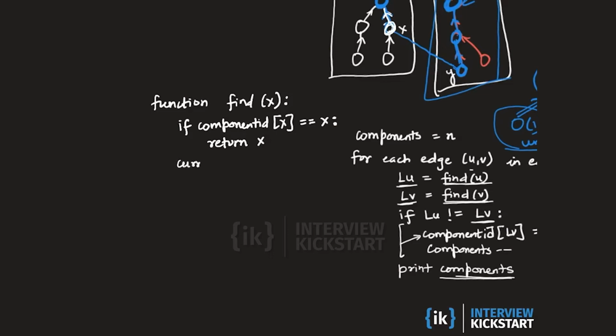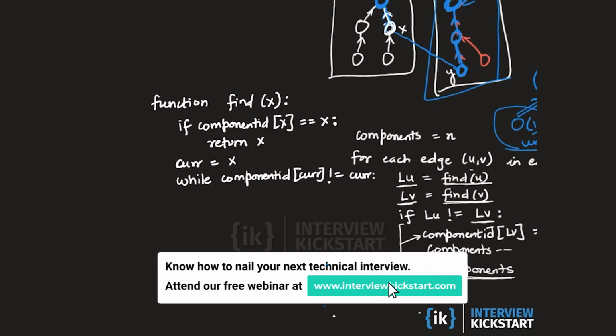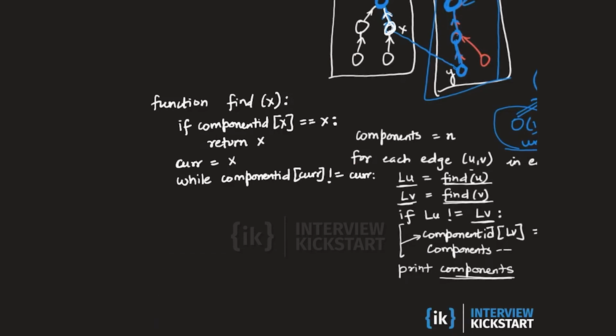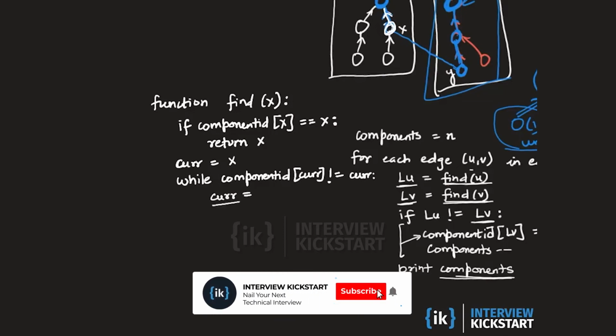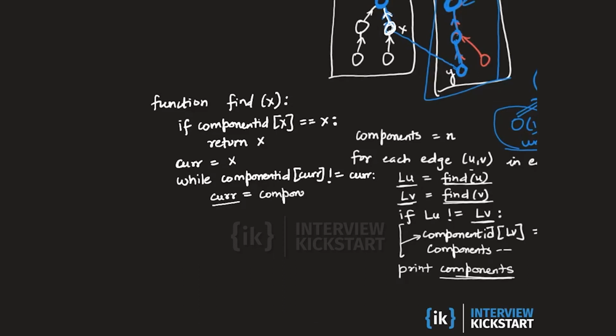So in that case, let's start out with a current vertex pointing at x, and then we'll say while the component ID of the current vertex is a different vertex from the current vertex, right, that means this current vertex is following some other vertex, we have to walk up to that other vertex. So we have to reset current to be the component ID of the current vertex.